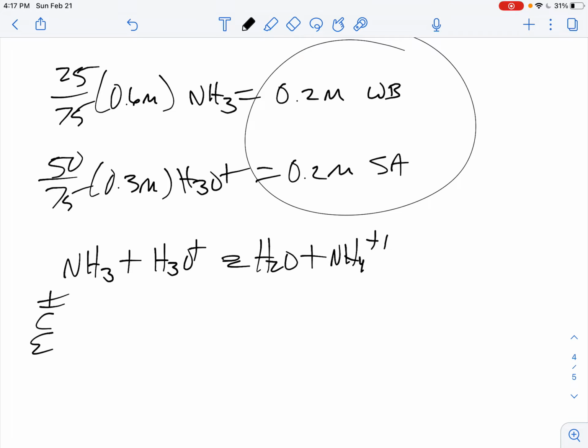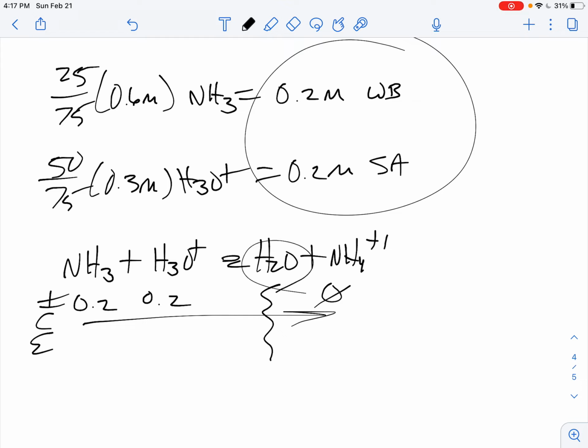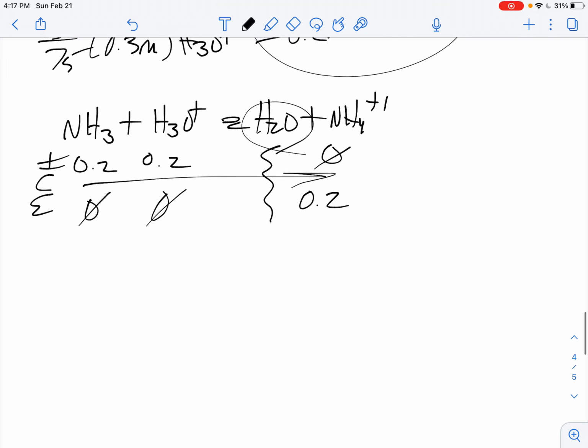So I've got an I, a C, and an E. I've got a 0.2, and a 0.2, and a who cares, and a nothing. I'm going to take it all the way because water is on the right-hand side, and I know it's essentially going to go 99% of the way over to the right-hand side, so that I'm left with none and 0.2 over here. Now, I'm going to flip it backwards.